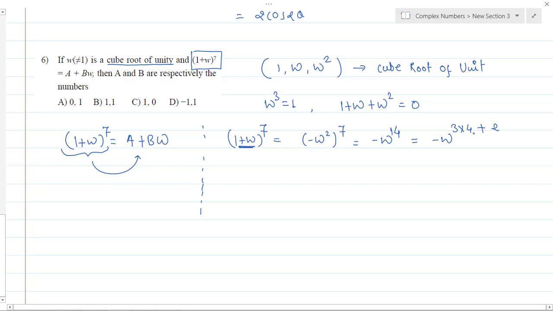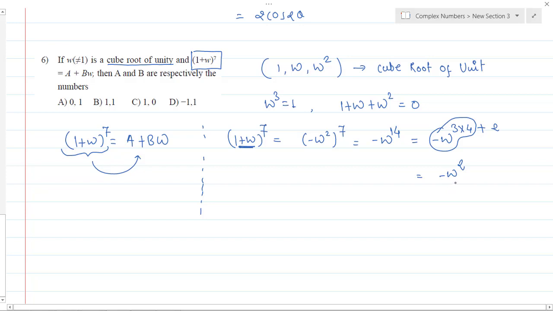Yes or no? So what about this value, minus omega to the power 3 into 4? That becomes 1. What remains is minus omega square, because this part becomes 1. So what is minus omega square? What is the value of omega square?